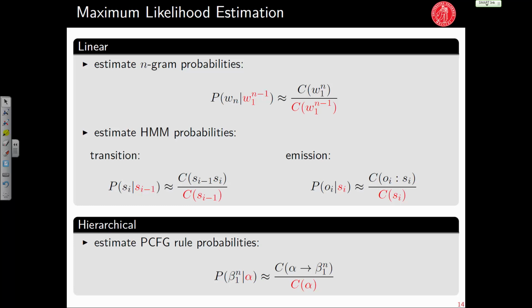In language models, we were conditioning on the previous n-1 words, in HMMs it depends on whether we're looking at emission probabilities or transition probabilities. In PCFGs, we're conditioning on the left-hand side of a production rule. So the probability of seeing beta 1 to n given alpha, where alpha here will be a category on the left-hand side of a production, a rule in our grammar.